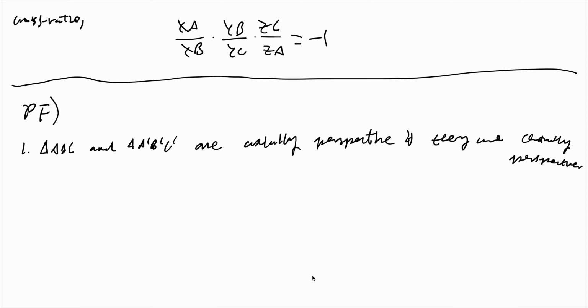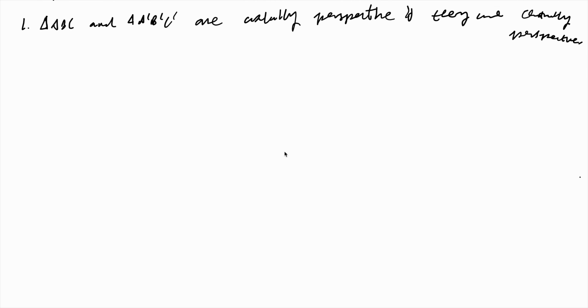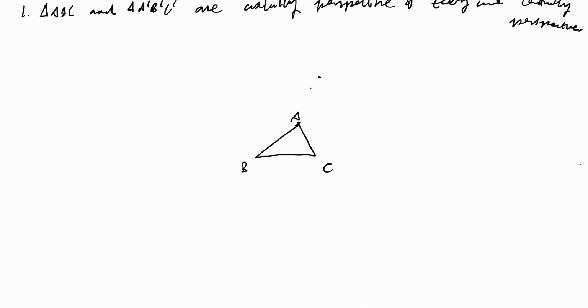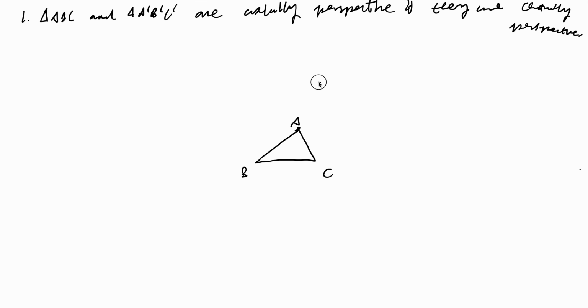Let's say I need a bigger place. So let's say we have triangle ABC. We have point P here. We already know that ABC, A prime, B prime, C prime, they are centrally perspective.